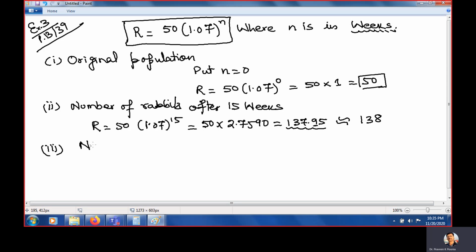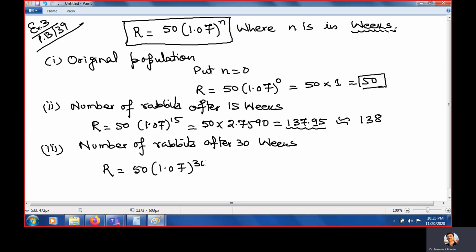Okay. Question number 3 is the number of rabbits after 30 weeks. So here we are giving the value of n and finding the value of R. So 50 times 1.07 to the power 30, and how much?